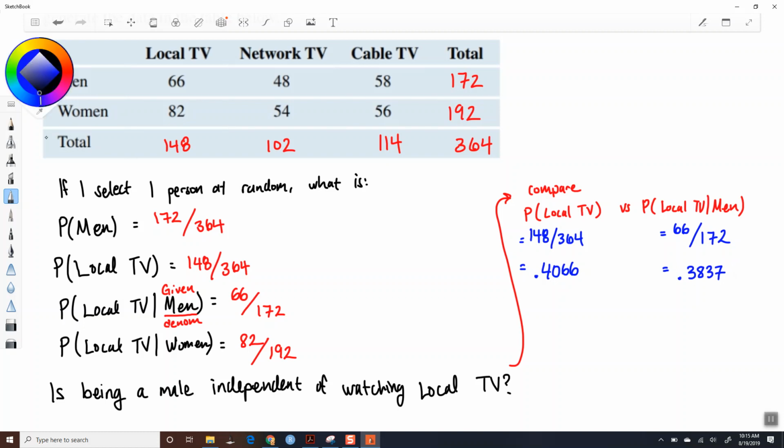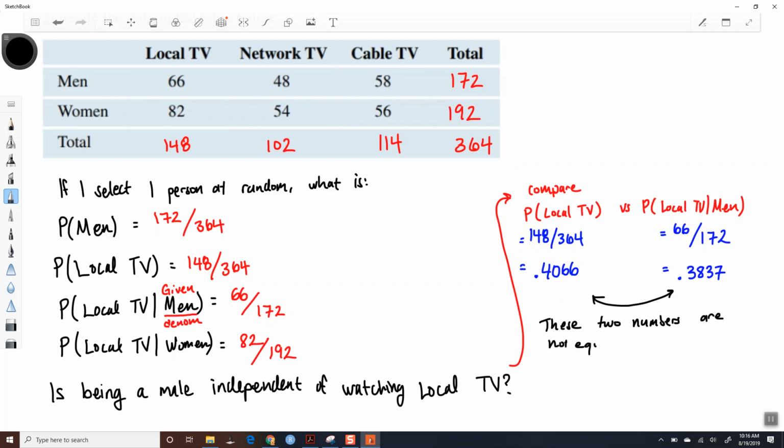And so, as far as we're concerned right now, these two numbers are not equal. So being male and watching local TV are not independent.